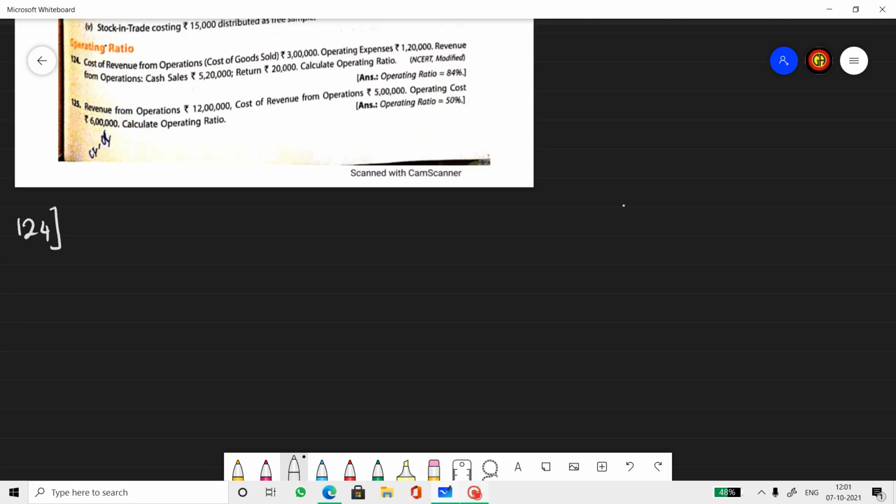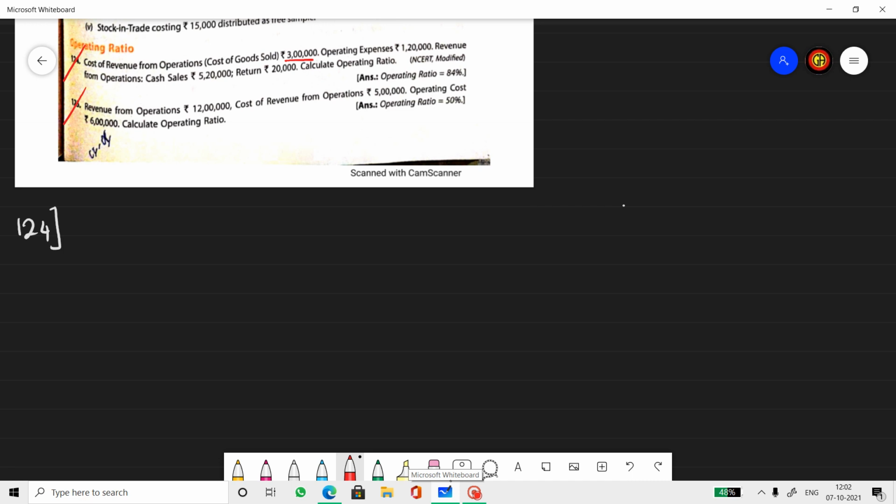So here are the sums from the textbook. Question number 124 and 125. Cost of revenue from operation or cost of goods sold is given as 3 lakh. Operating expenses is 1,20,000.